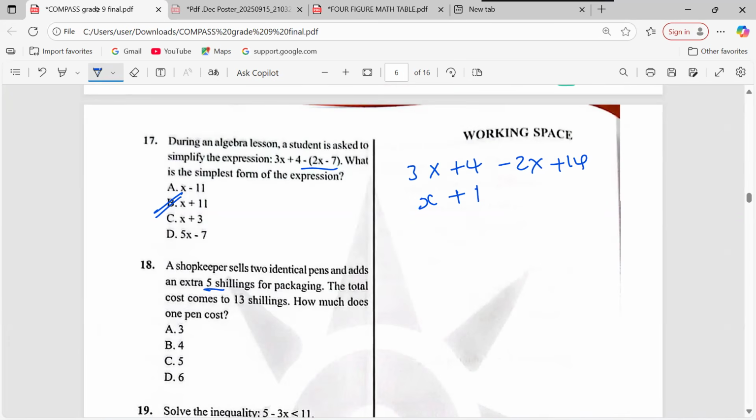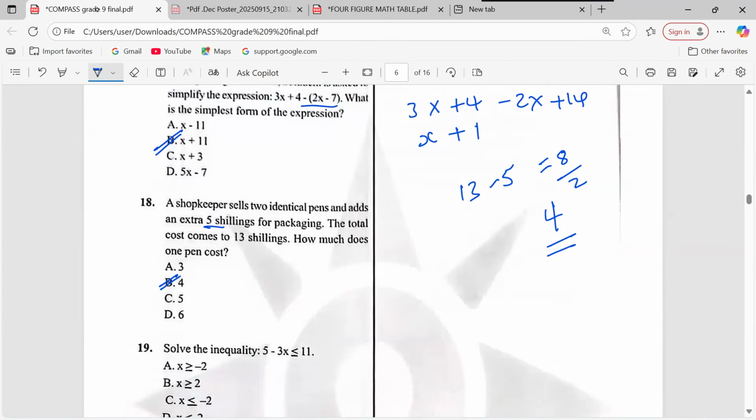Then the total cost is what we are finding in number 18. So now let me just compute it so well. For this one, the total cost was 13. So 13 minus 5 for packaging, or rather for parceling this, it will give us 8 Kenya shillings. Then we divide by 2, which is giving us exactly 4.